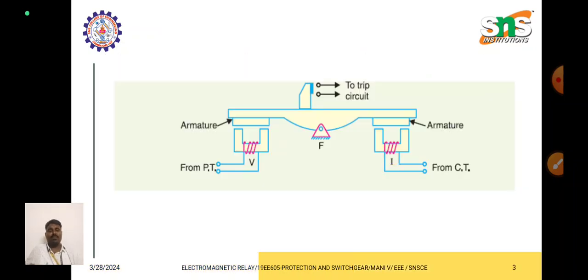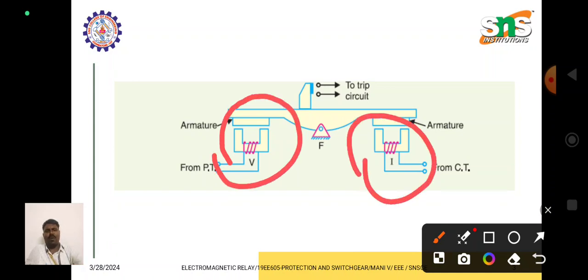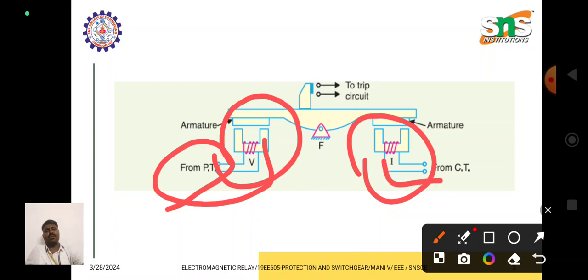This is a schematic diagram. This is one electromagnet and this is another electromagnet. This electromagnet is connected to the potential transformer in the power system, which provides the voltage, and this coil is connected to the current transformer of the power system, which provides the current.